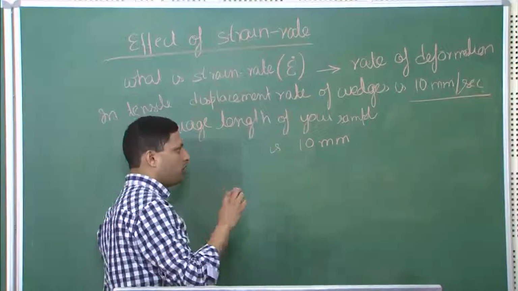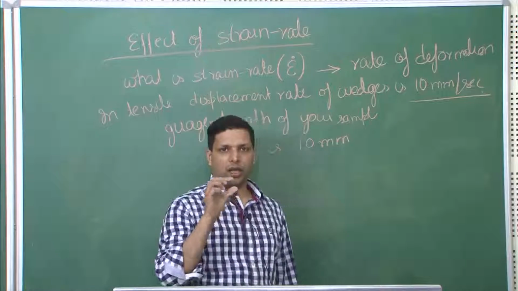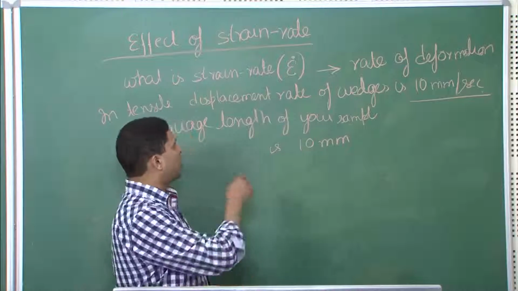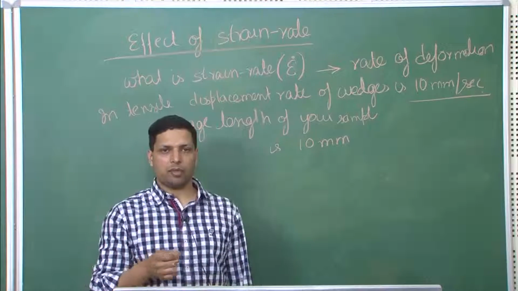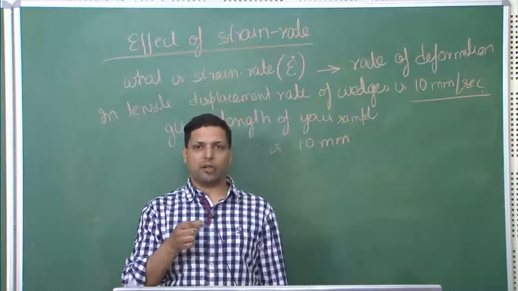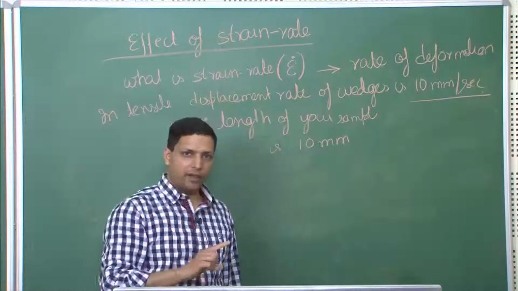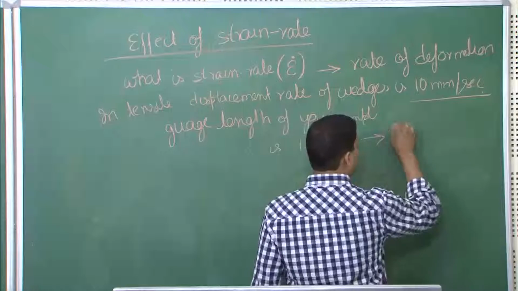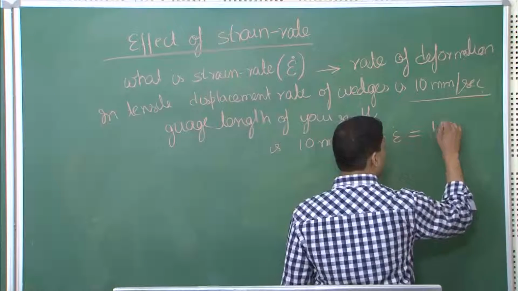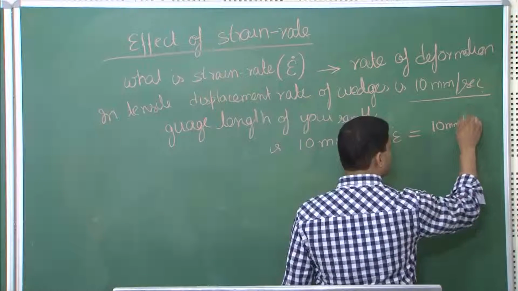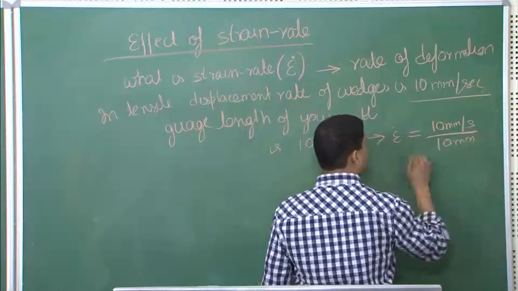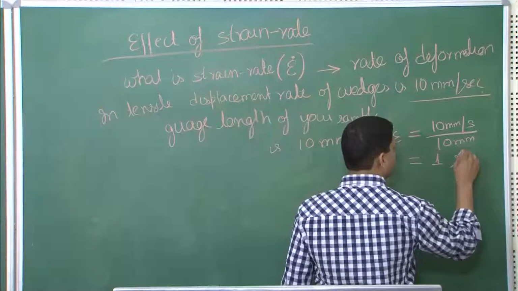So, the whole deformation is occurring in that 10 millimeter length, and your displacement rate of the wedges is 10 millimeter per second. So, all the deformation that is taking place is getting divided in that 10 millimeter, and therefore, the strain rate is actually given by 10 per second by this 10 mm, which is 1 per second.